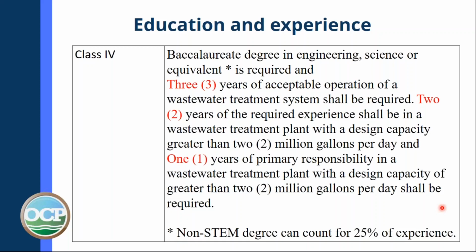We call these STEM degrees, and there is more operational experience needed. 3 years in a wastewater treatment plant shall be required, but 2 of those will have to be in a Class 3 or higher, more than 2 million gallons per day, and 1 year has to be primary responsibility in a Class 3 or higher plant.